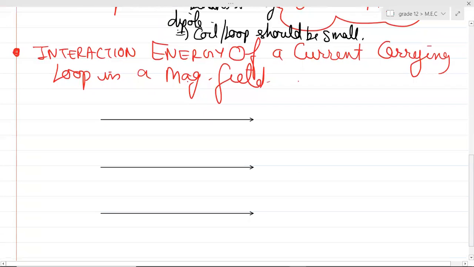Suppose, guys, you have a magnetic field like this, and let's say a loop is there.